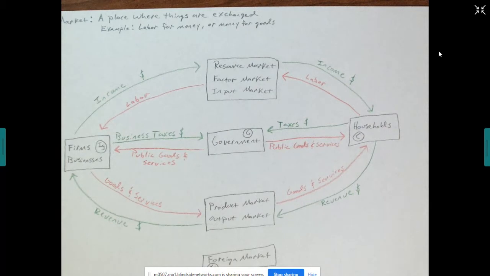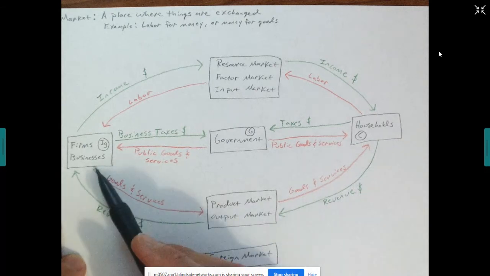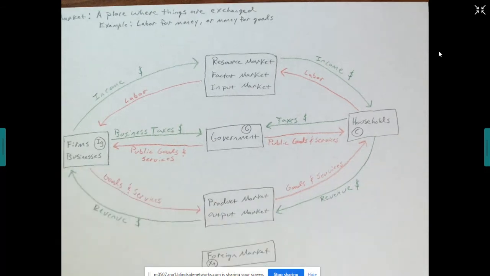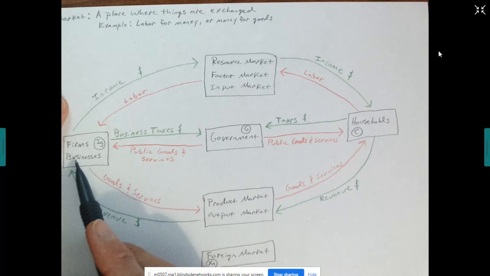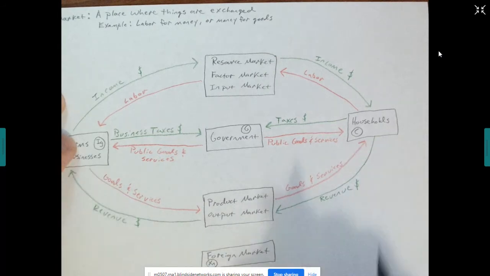Now, not all of the money spent by households is going to be spent on products made in the United States, and not all the products made in the United States are going to be sold to people in the United States. Some of these items are going to go into the foreign market, your imports and your exports.